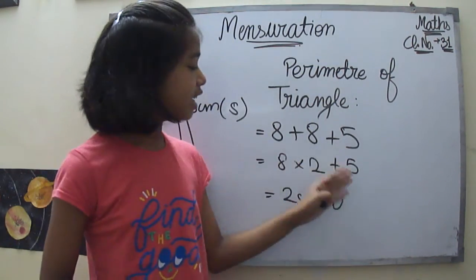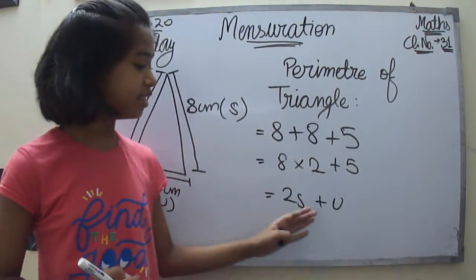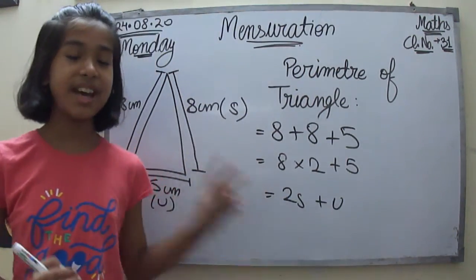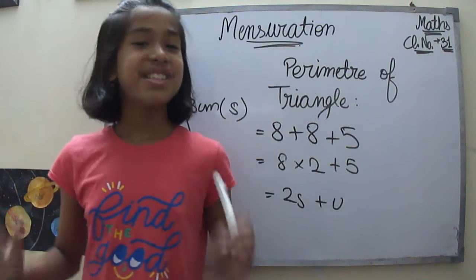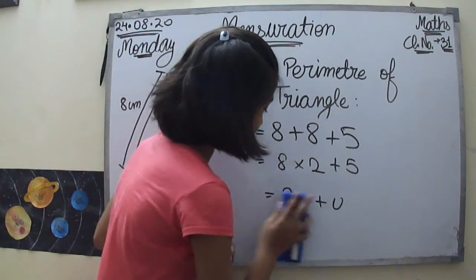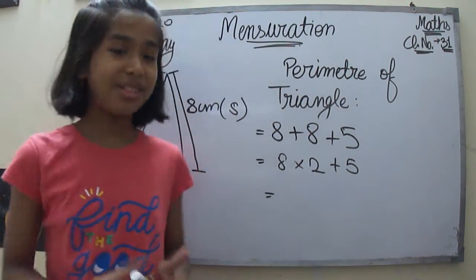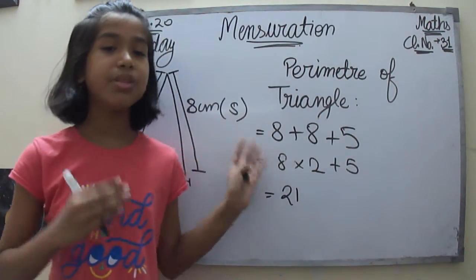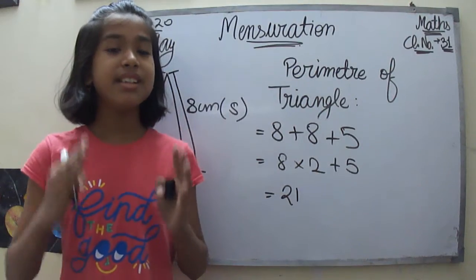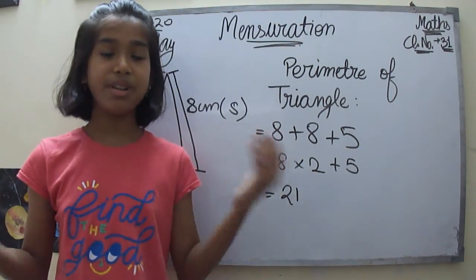In this case it is 5, represented as u. So the perimeter is 8 into 2, which is 16, and 16 plus 5 is equal to 21.